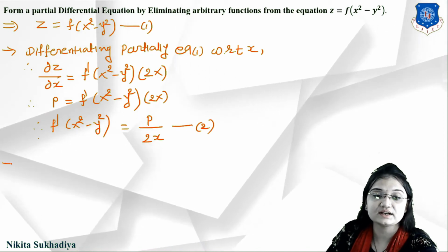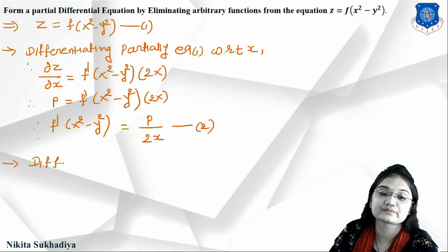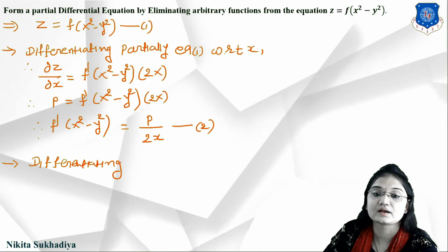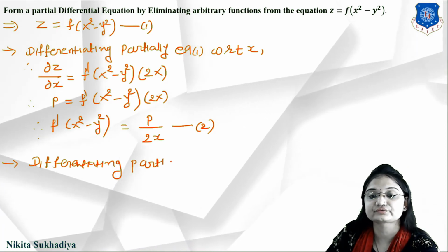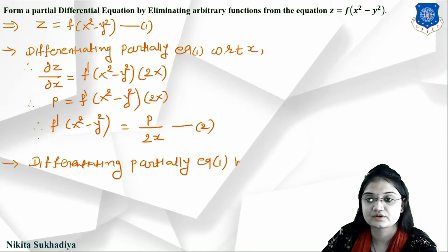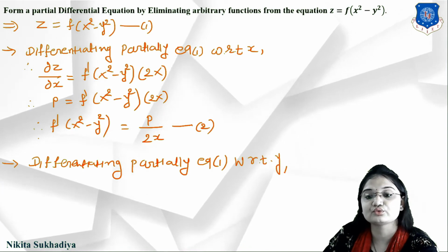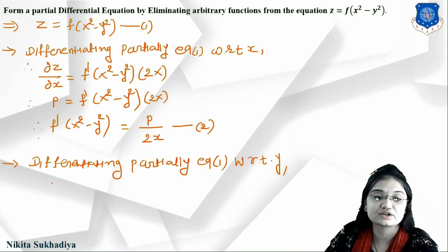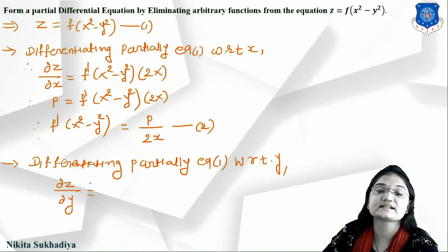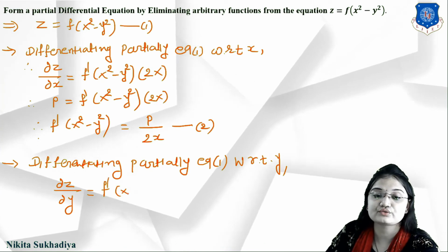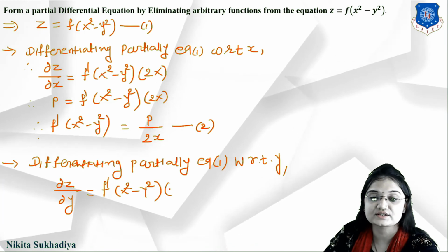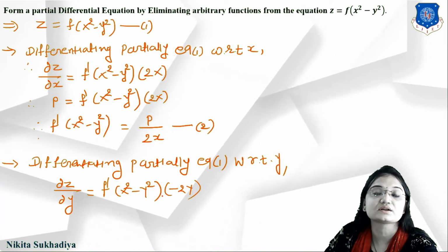Okay, now second is differentiating partially equation number 1 with respect to y. So our equation number 1 will become del z by del y is equal to f dash of x square minus y square, and the derivative of minus y square will become minus 2y.